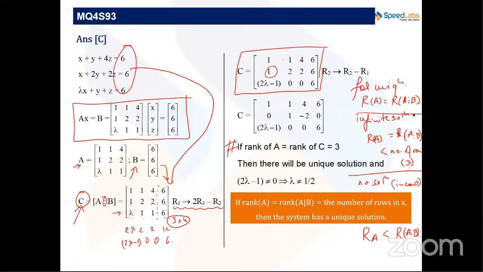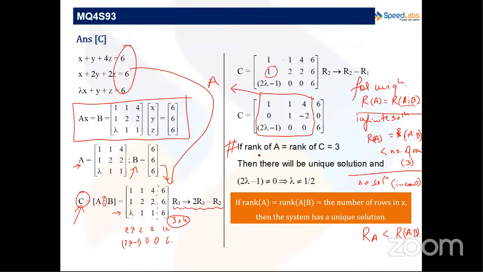Now how to check for the rank is, here if you see, after this operation, this part is our A and this C is our A and this line B. Okay.